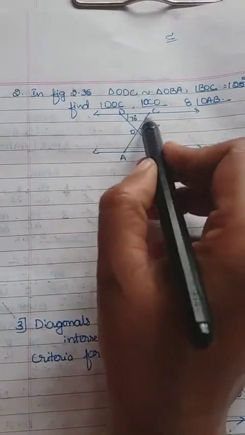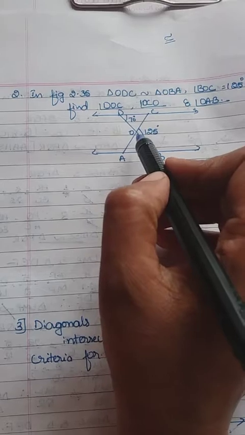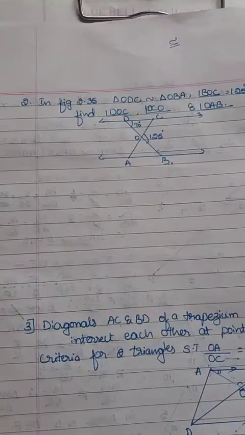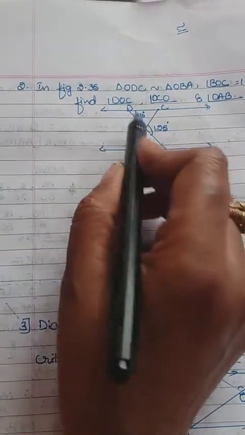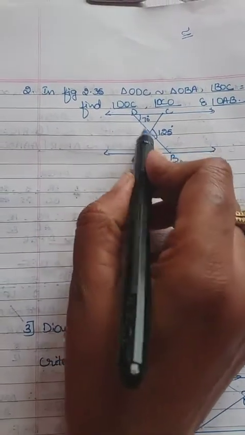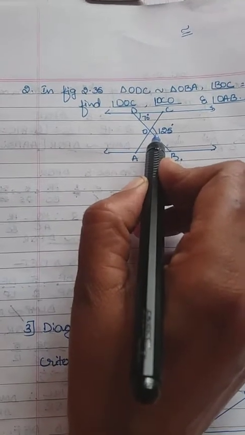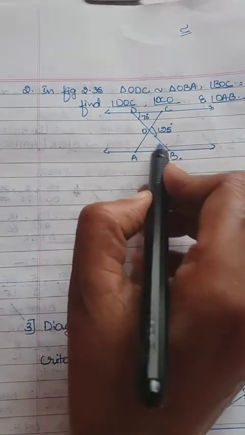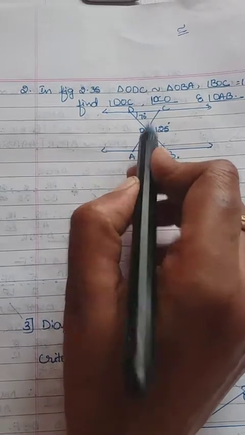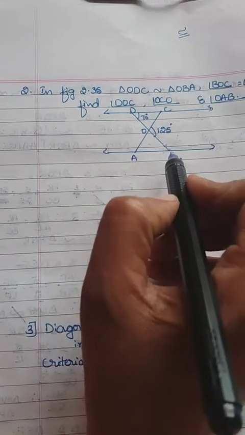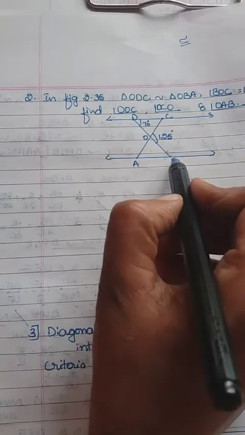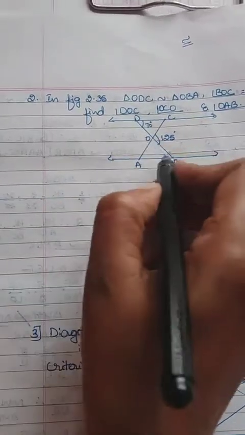Here two lines are intersecting each other. I think you know about that. In a straight line, the sum of the angles on the straight line will be 180 degree. I mean angle COD plus angle COB equal to 180 degree, because the sum of the angles on a straight line will be 180 degree.